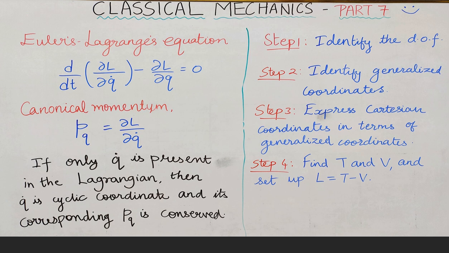But if I give a Lagrangian in which only q dot is present and q is not present, then we say that q is a cyclic coordinate. It can be x, y, z, theta, anything. Only the derivative should be there, and the coordinate itself should not be present. Such coordinates are called cyclic coordinates, and their corresponding momentum is conserved.